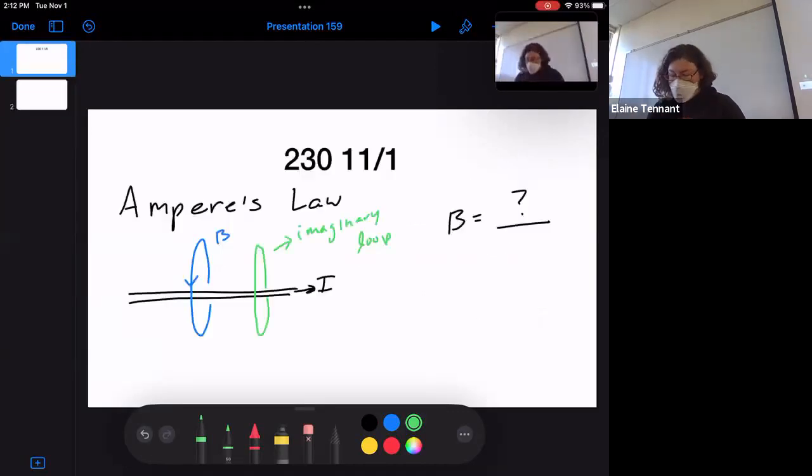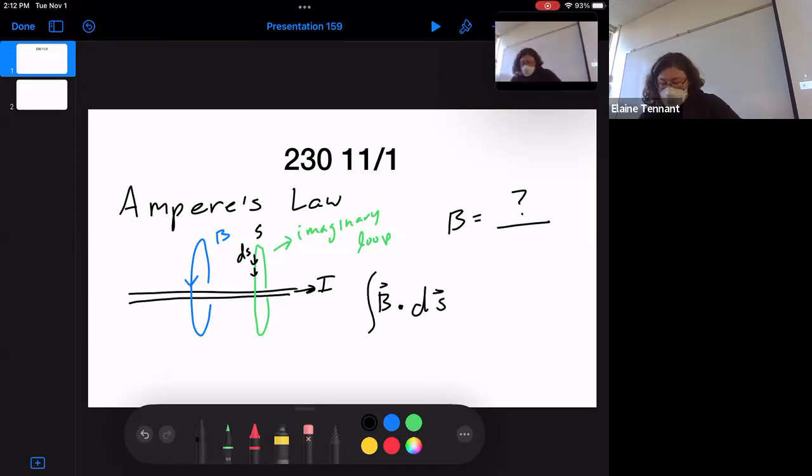I make this imaginary loop, which I'm going to call the loop S, and I break it up into little bits ds. I take little bits ds and dot them with whatever magnetic field they are on top of, and then I integrate that. So I'm dotting the magnetic field with each of my ds's as I go around the entire loop, and then I add them up.